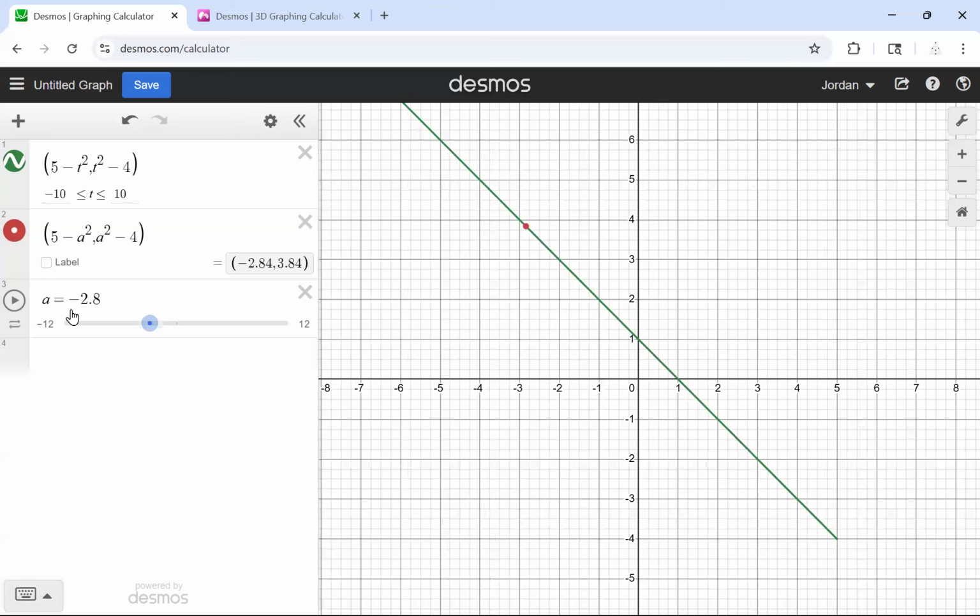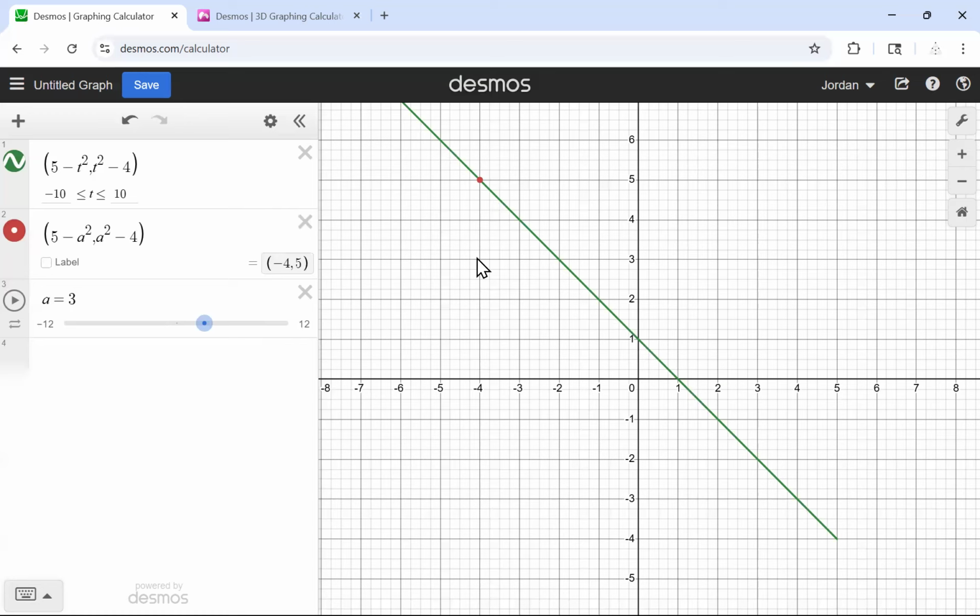For negative values of t, or negative values of a, as we're increasing, we're moving towards the point 5, -4. Once I hit an a of 0 or a t of 0, then as we increase, we move back towards the left.